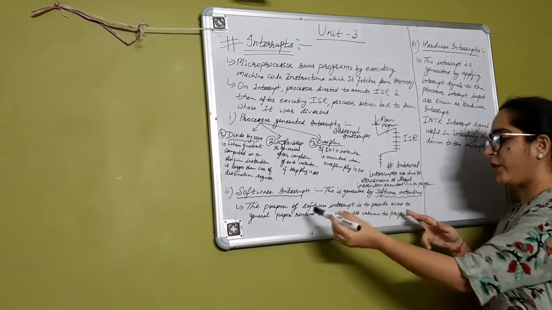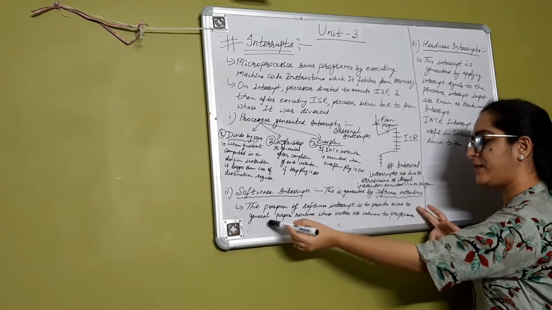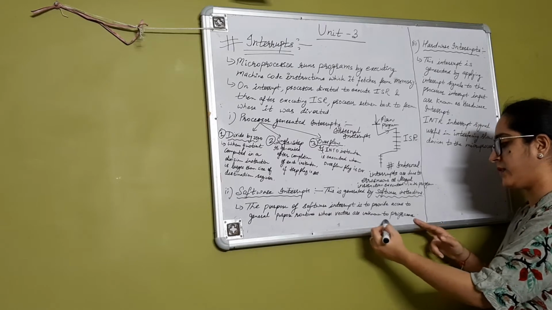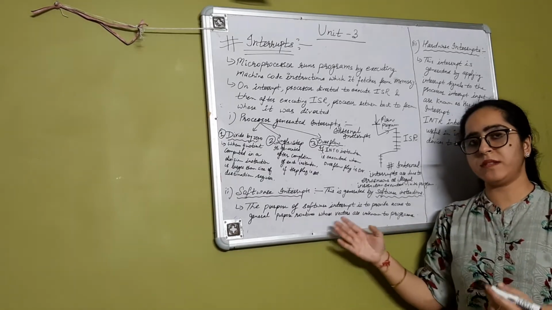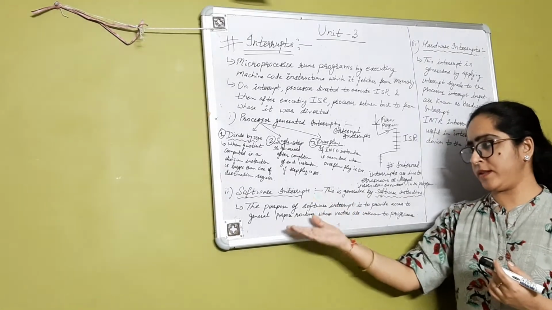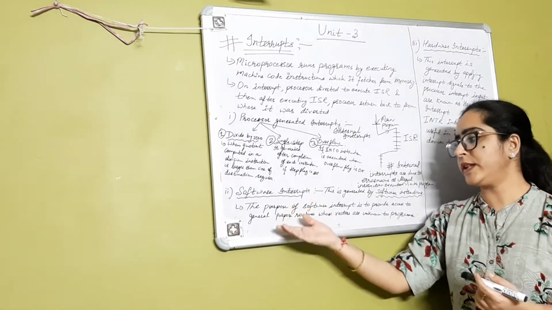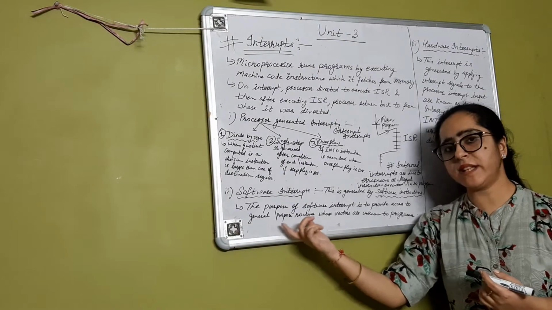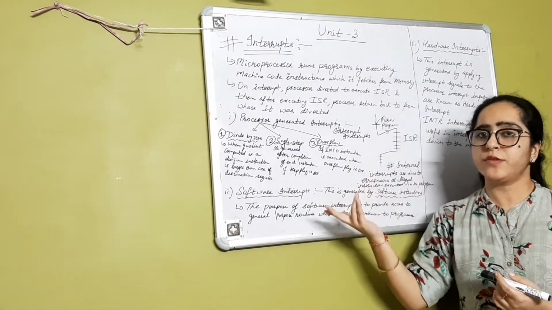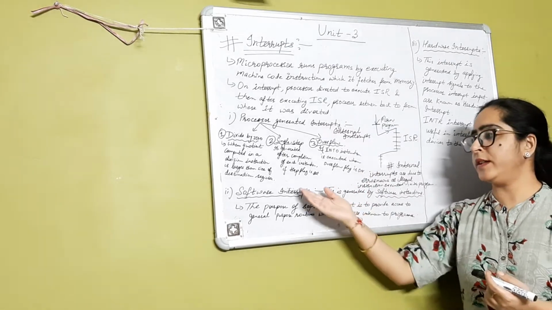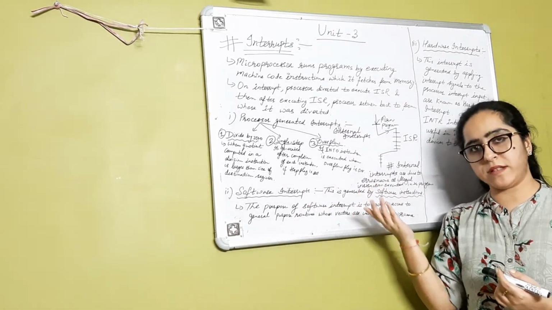The purpose of a software interrupt is to provide access to general purpose routines whose vectors are unknown to the programmer. Certain things are not accessible by the user, but they can be accessed by the supervisory mode or the supervisory authority.